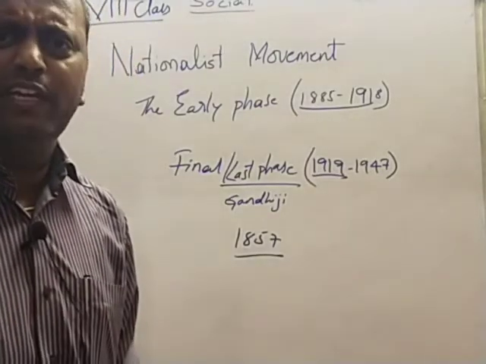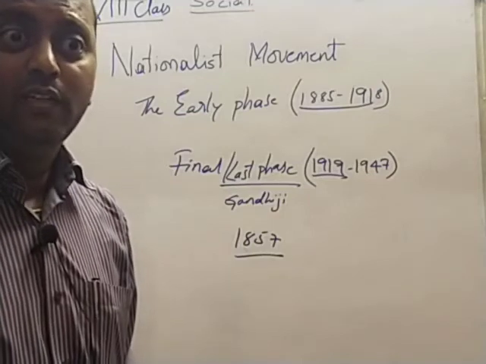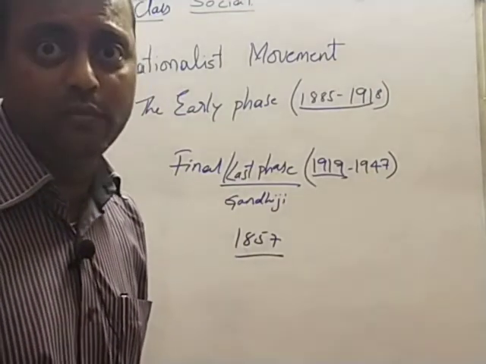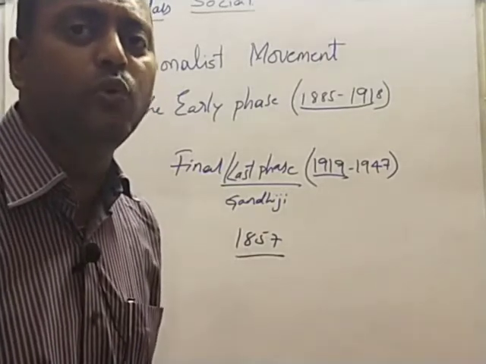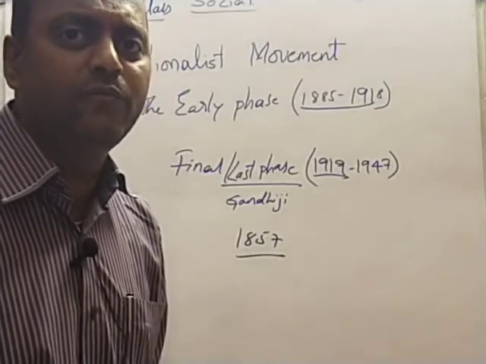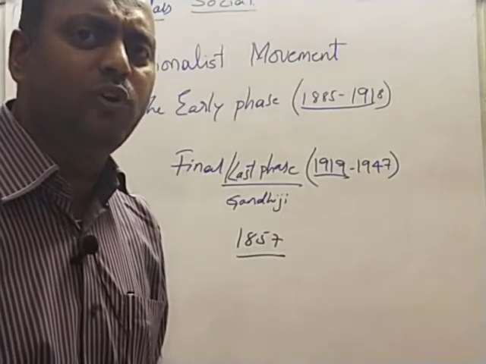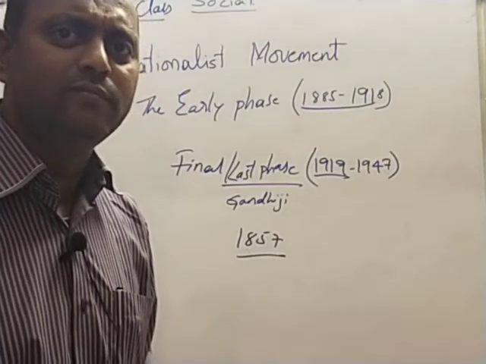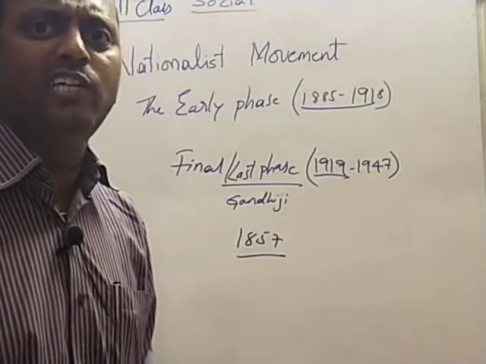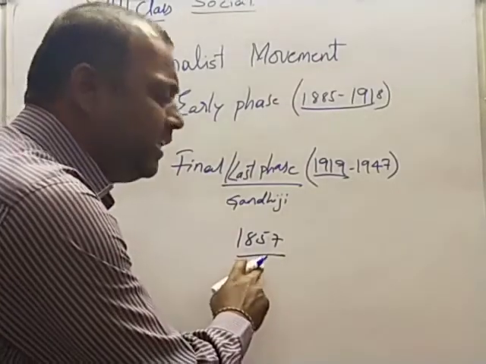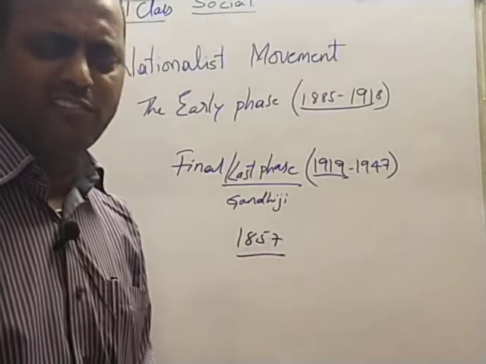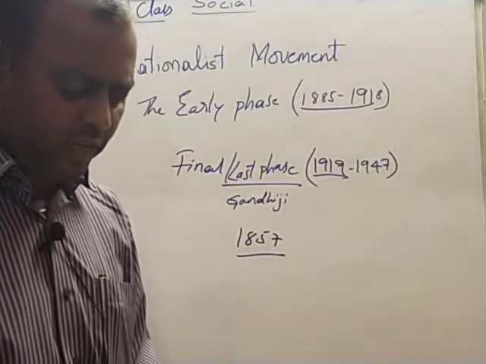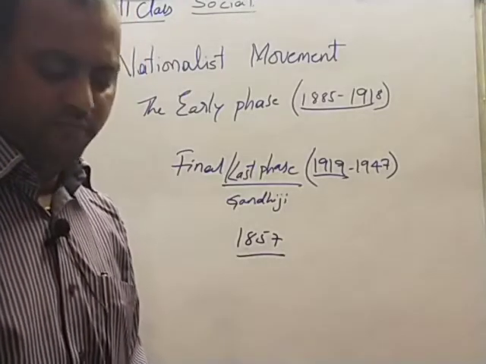That movement was against the British rule, but after the Britishers were sent out, how should the country be, who should rule the country? There was no vision. They wanted to restore the old kings and kingdoms after the Britishers were sent out. In fact, they wanted to restore the old rule and the old social order.